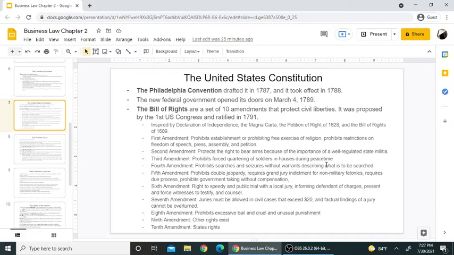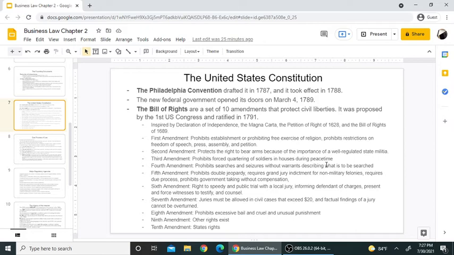The Seventh Amendment requires that juries be allowed to try civil cases where there's more than $20 at stake, and also requires that factual findings of a jury not be overturned by an appellate court. The Eighth Amendment prohibits excessive bail and cruel and unusual punishment.